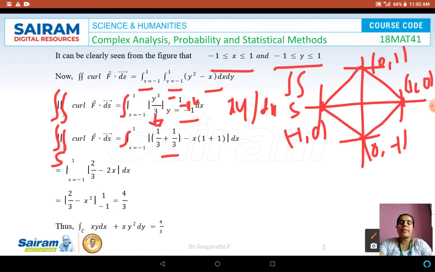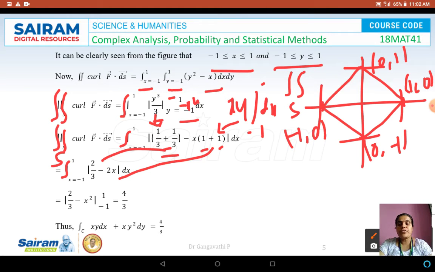So minus of minus becomes plus, minus x into y. When I substitute the limits minus 1 and plus 1, x minus of minus 1 and plus 1, we have interchanged it and written it. So we get the integral, x is equal to minus 1 to 1, of 2 by 3 and here we get 2x into dx.